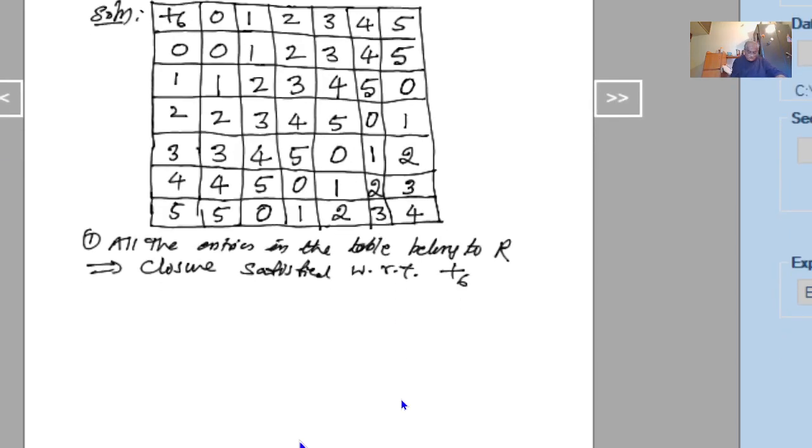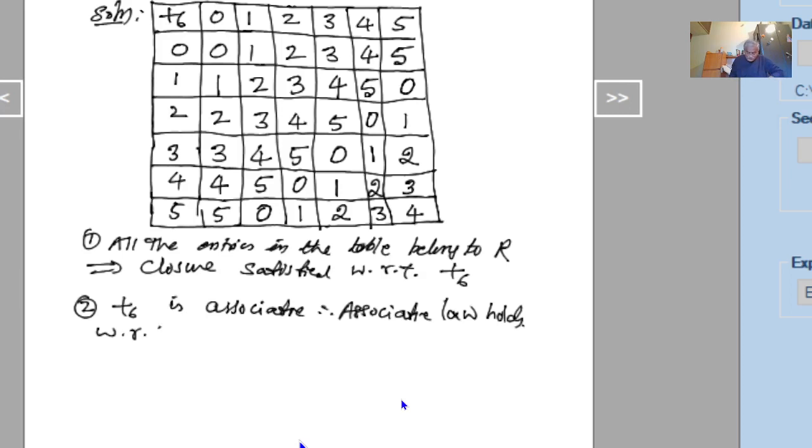And then second one, plus 6 is associative. So therefore, associative law holds with respect to addition modulo 6.